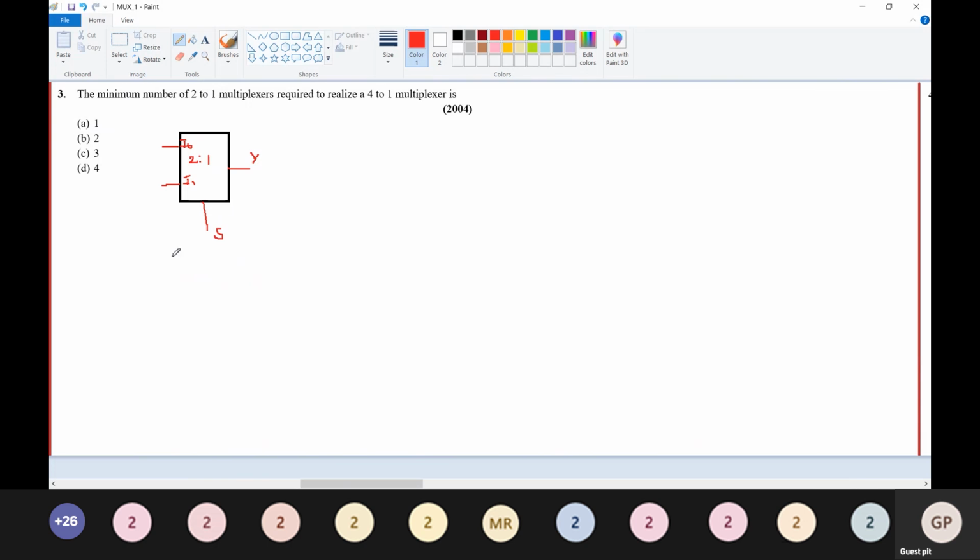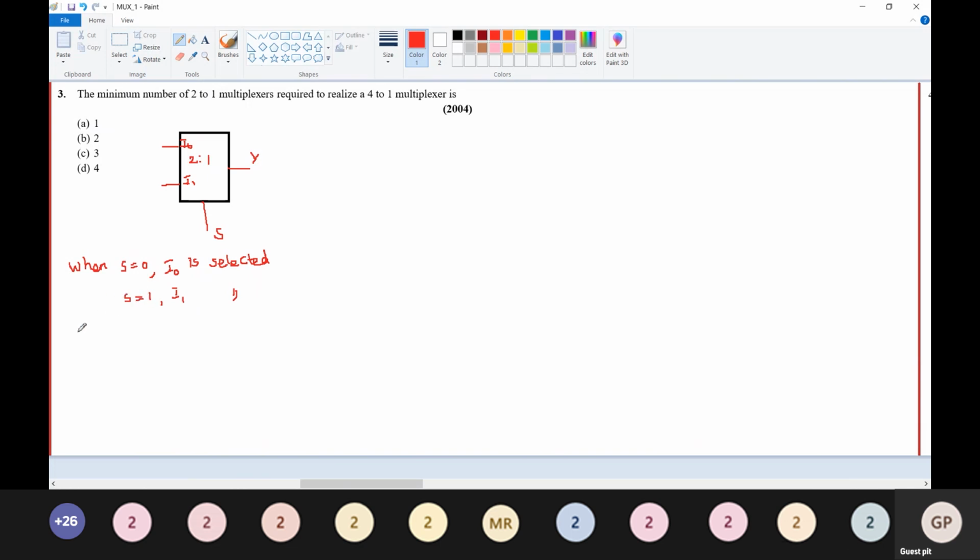Now when S is equal to 0, I0 is selected. Similarly, when S is equal to 1, I1 is selected. This is the function of a 2:1 mux.